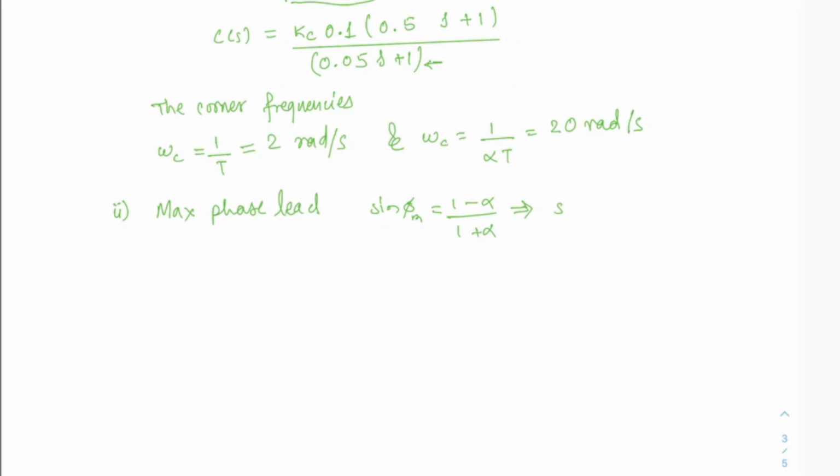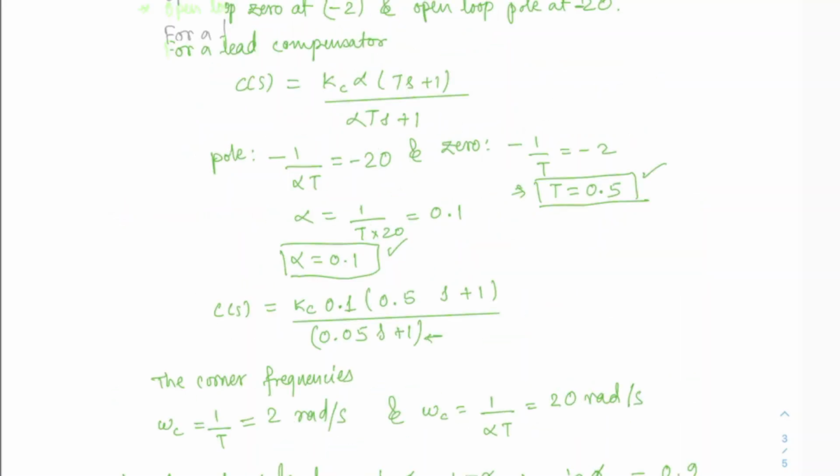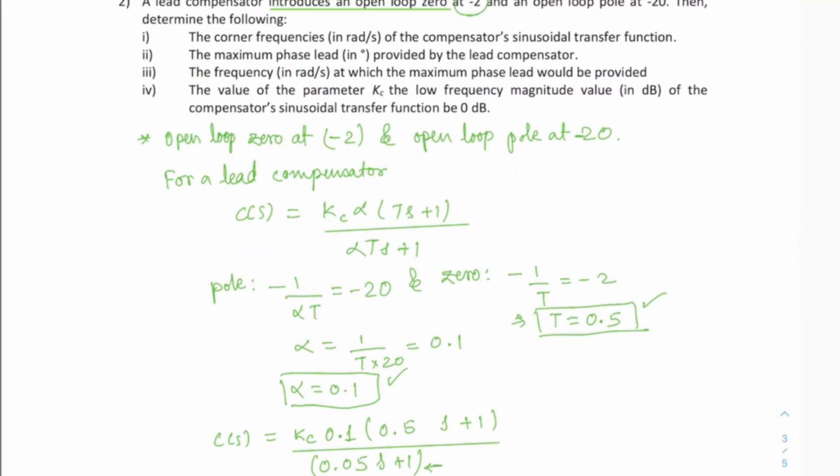So if we substitute the value of alpha, sine Pm would be 1 minus 0.1 over 1 plus 0.1. So this will be 0.9 by 1.1. This implies Pm is sine inverse of that, 54.9 degrees. So we have found the maximum phase lead provided by this lead compensator.